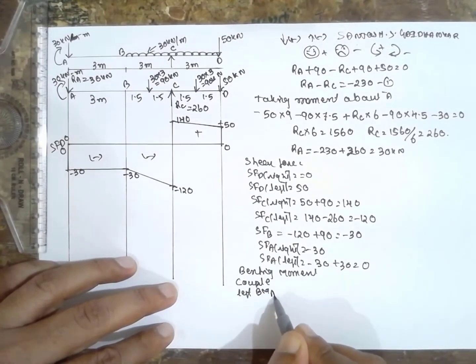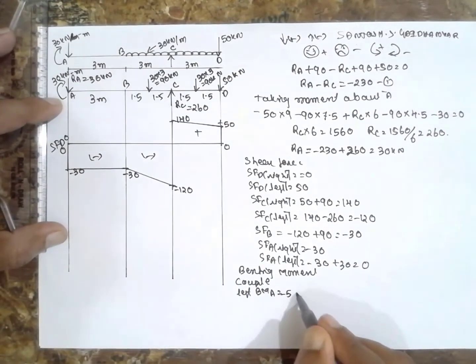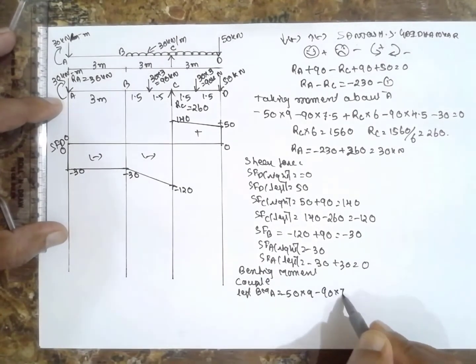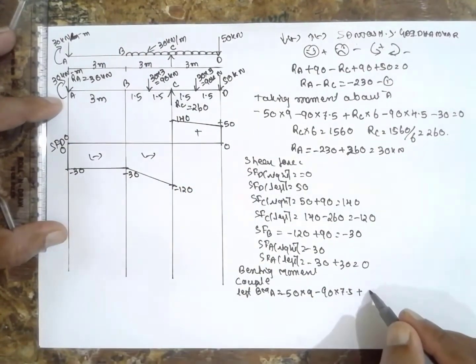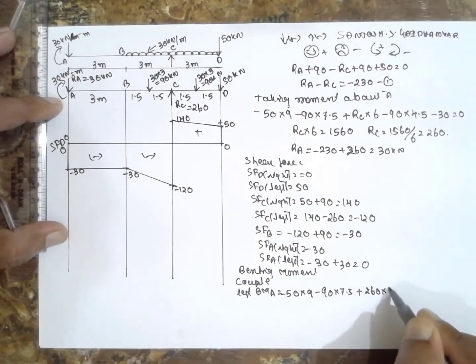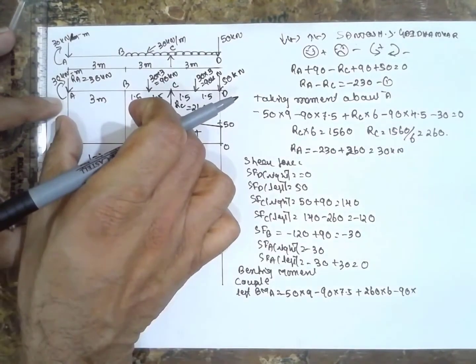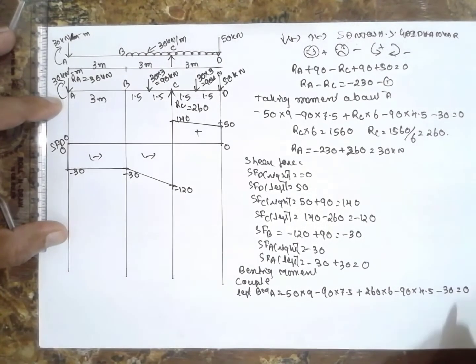Bending moment at A: minus 50 into distance 9, minus 90 into 7.5, plus 260 into 6, minus 90 into this distance 4.5, minus 30. If we calculate, the value will be 0.